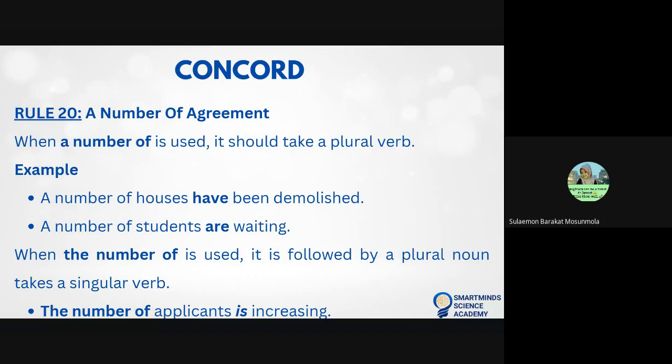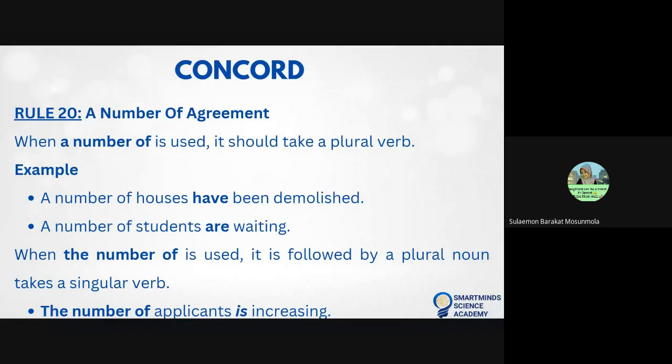For example, a number of houses have been demolished. You also have another example there: a number of students are waiting. For a number of, use a plural verb.